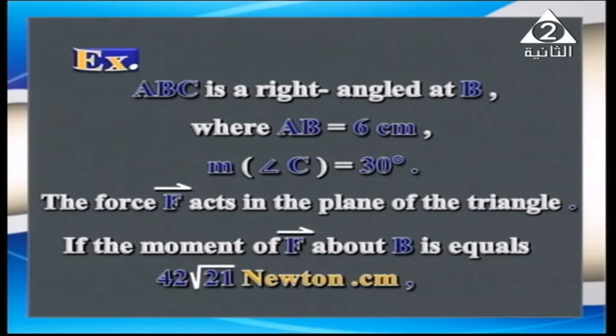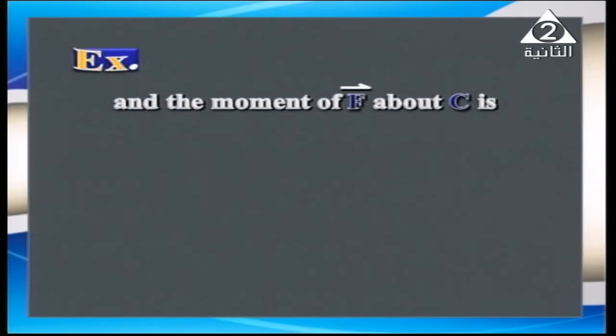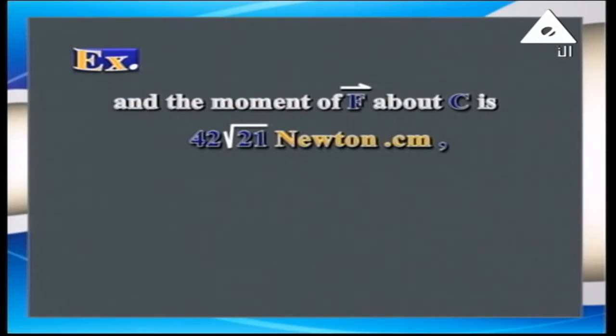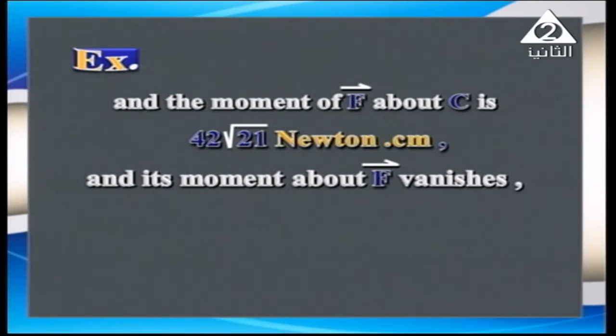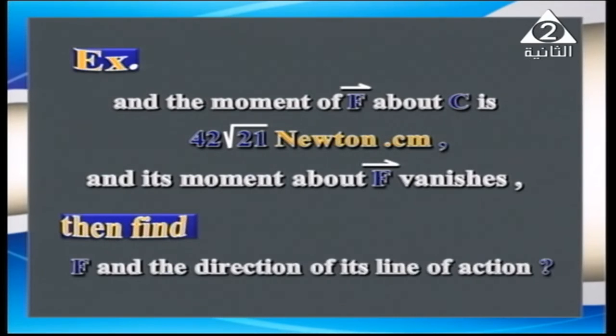If the moment of F about B equals 42 root 21 Newton centimeter, and the moment of F about C is 42 root 21 Newton centimeter, and its moment about A vanishes. What do you mean by vanishes? Equals 0. What is required? Find F and the direction of its line of action. Solution.